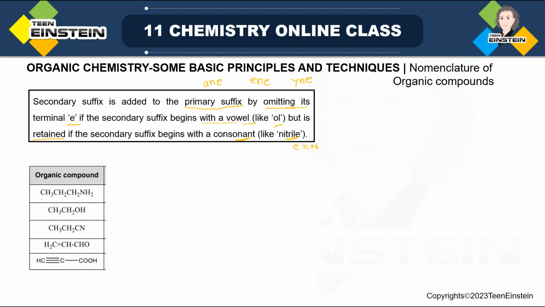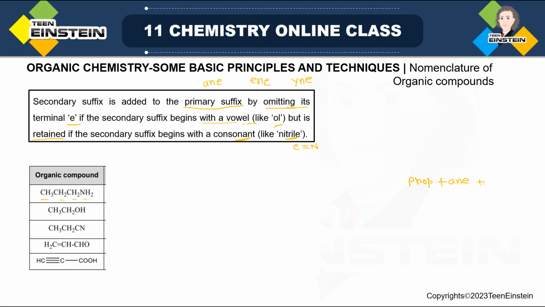The first compound, total 3 carbon. So here the root word that we will use is "prop". Now with this root word, next it is alkane, that is "an". We do not have any double bond. So it must be "ane".